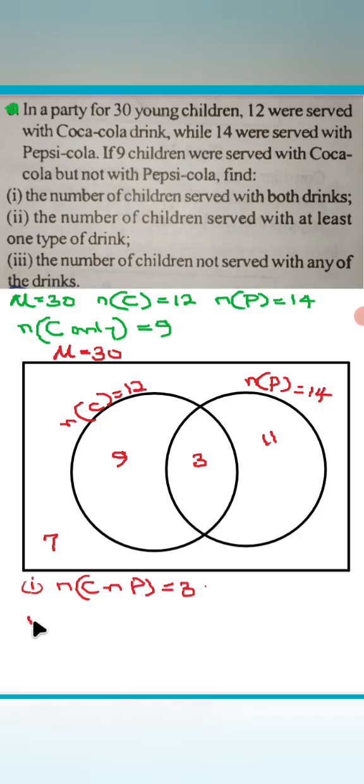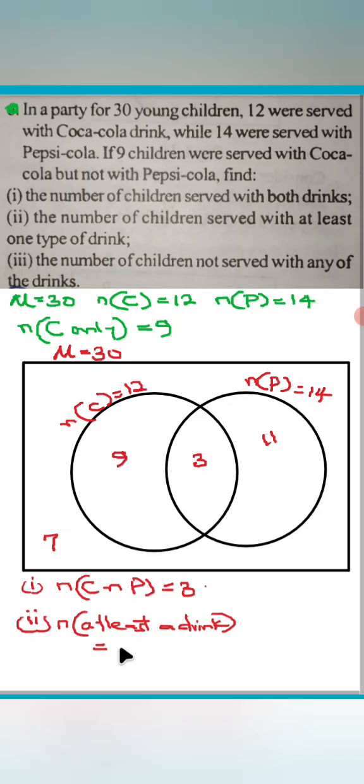And 2 says the number of children served with at least one type of drink. At least means from that number mentioned upward, meaning those that are served with one or those that are served with both.